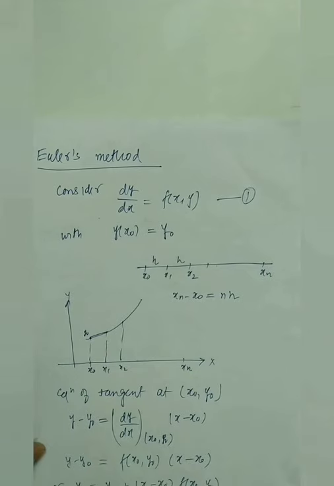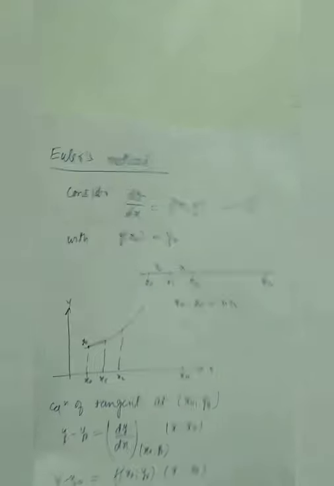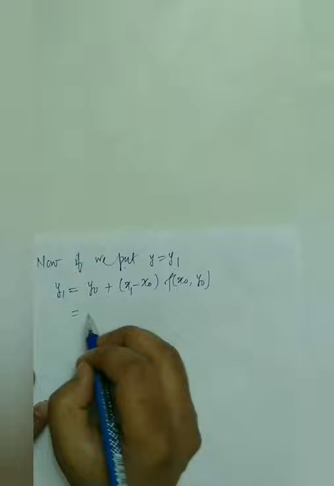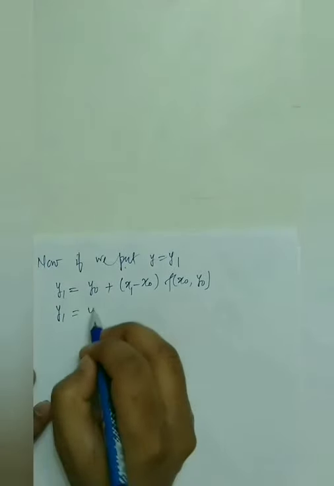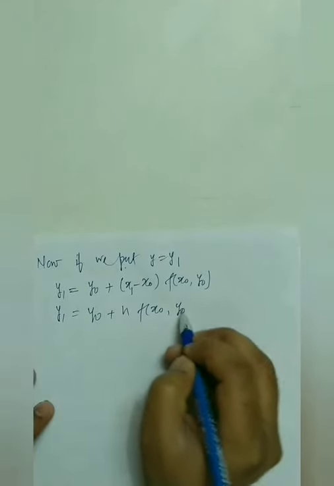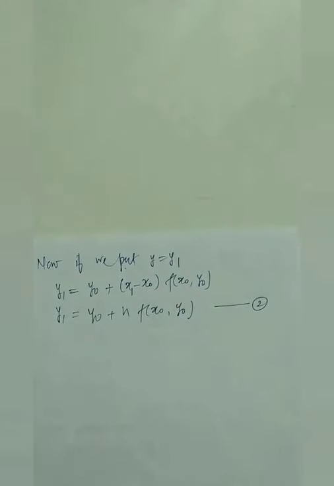So when we put x equal to x1, this value of y will be y1. And since x1 minus x0 is equal to h, we have y1 is equal to y0 plus h f(x0, y0). Suppose this is equation number 2.